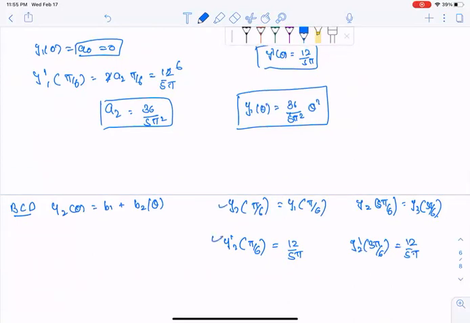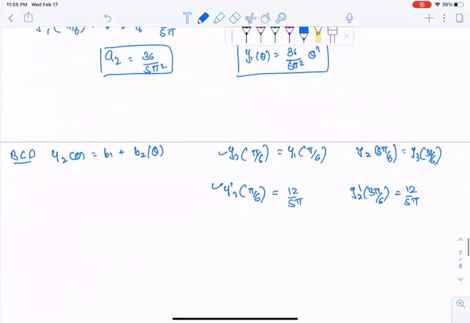So we are going to use these equations to calculate our unknowns, because we just have two unknowns, b0 and b1. So let's start with velocity first. Y2 dash of pi by 6 is equal to b1, and that is 12 upon 5 pi. That is the value of b1.